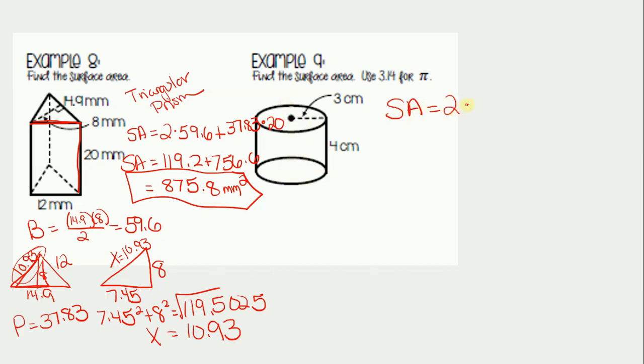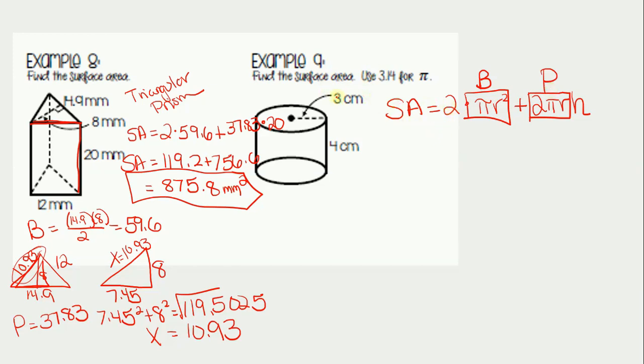So I'm going to go 2 times pi r squared plus the perimeter of my base, which is just the circumference, right? So that would be 2 pi r times my height. So this right here is big B. 2 pi r is my big P. All we did is just plugged in the formulas that we know about circles.